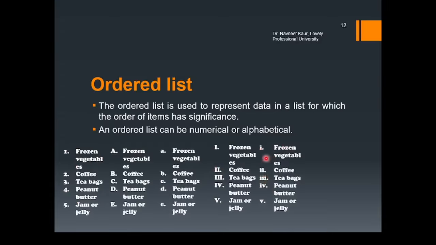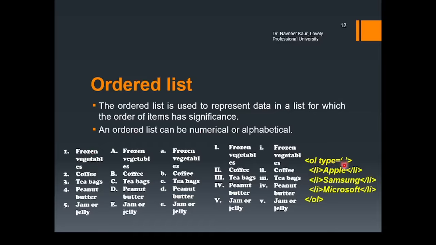This ordered list can be created with the help of an ordered list tag, that is the OL tag, that consists of an optional type attribute, but still if you want to have modifications like these, then you can use the type attribute.